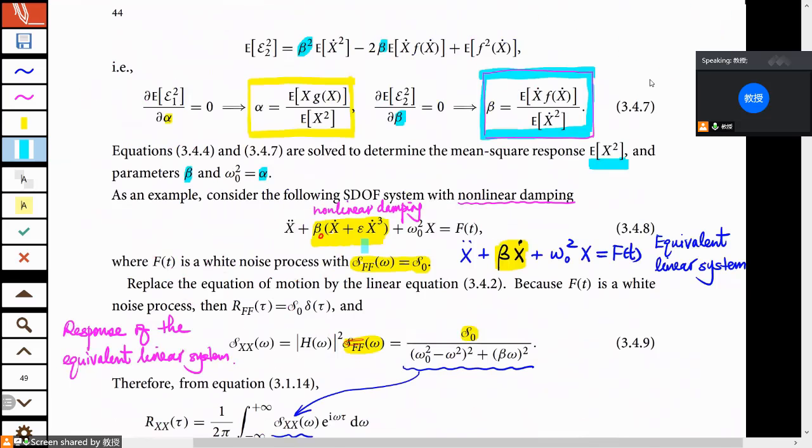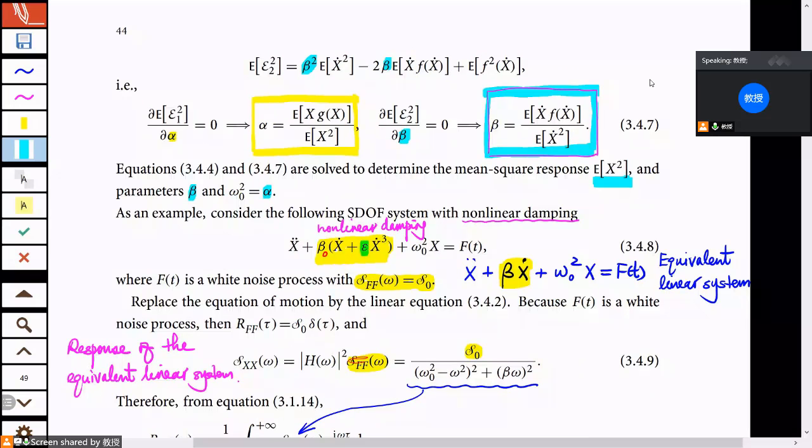Okay, so that's why in the original equation we always have a small nonlinearity. Always with a small term in the nonlinear terms.